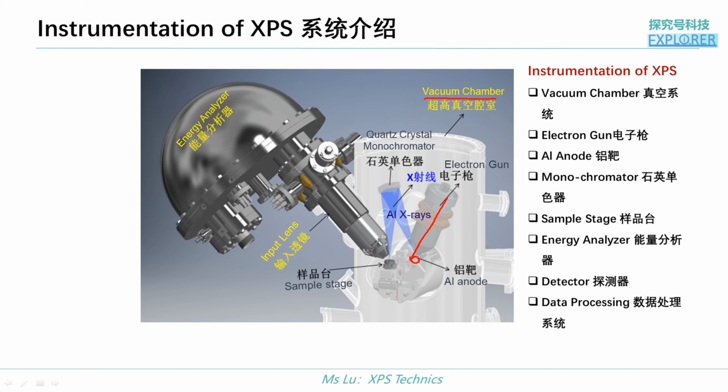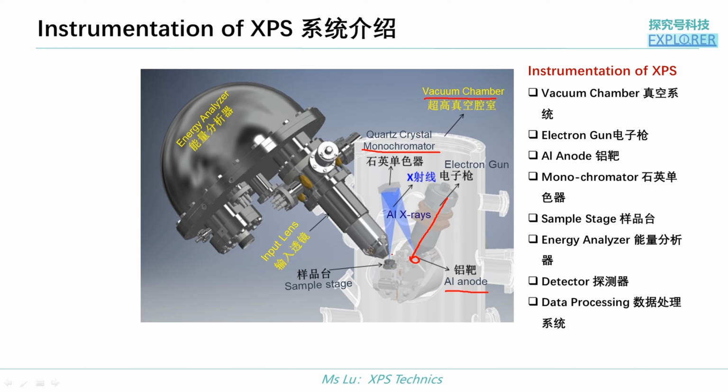So the electron source is incident on the alumina target and excites the alumina characteristic X-ray. After it is monochromatized, it becomes only alumina K-alpha X-ray, incident on the sample surface.